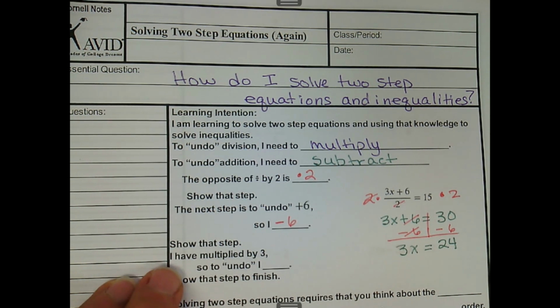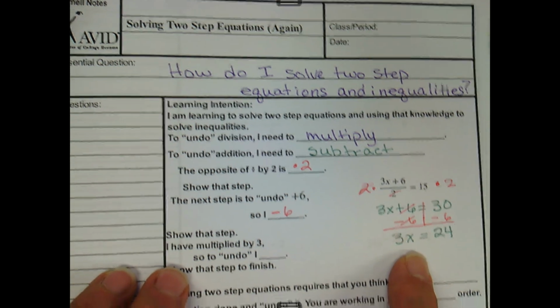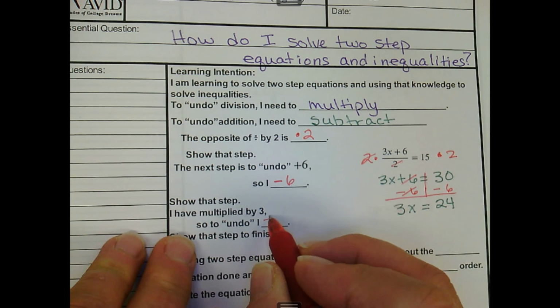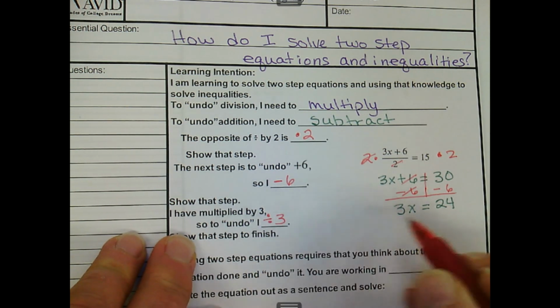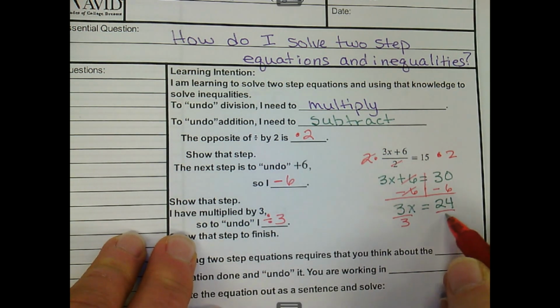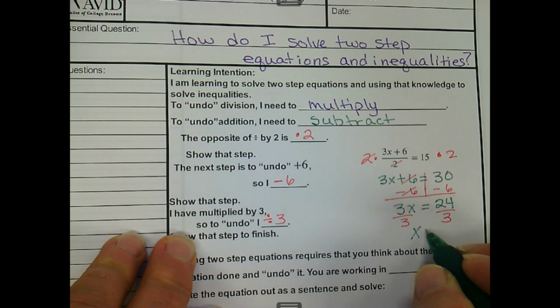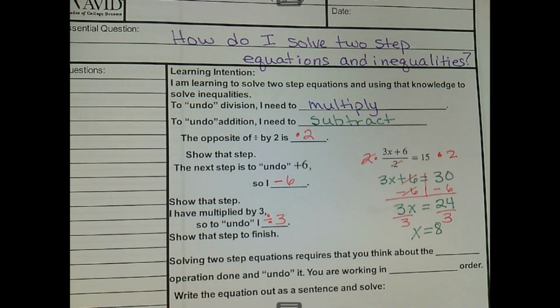I have multiplied by 3. 3x means I've multiplied by 3. So to undo, I what? Divide by 3. 24 divided by 3 is 8, so x is equal to 8.